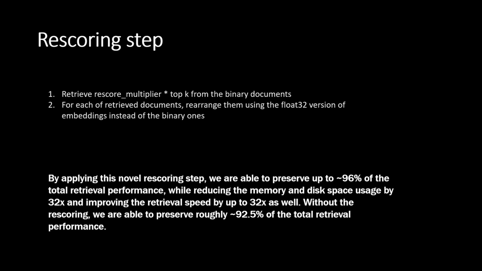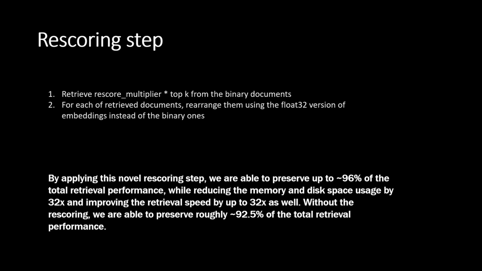Now you can choose to stop there, or you can add an additional optimization called the rescoring step. Essentially, you use your Hamming distance to retrieve some top k binary documents. Along with that, you use something called a rescore multiplier. Let's think of it as a variable, and in our case, let's say 4.